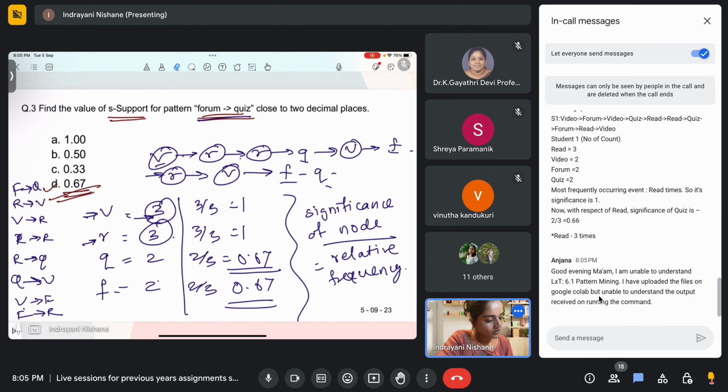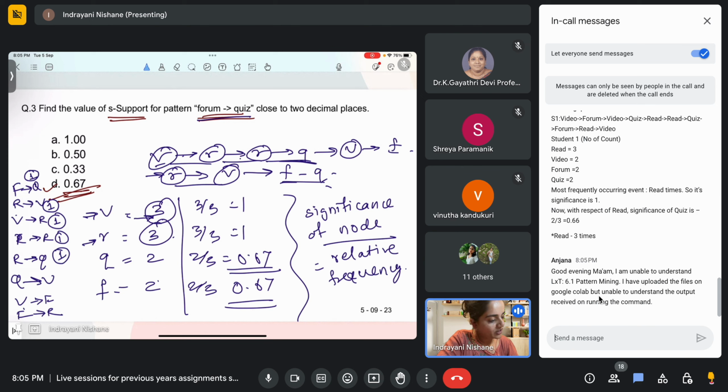Forum to quiz is occurring just one time, so this is 1. Read to video just once, so 1. Video to read once, 1. Read to read once, 1. Read to quiz once.